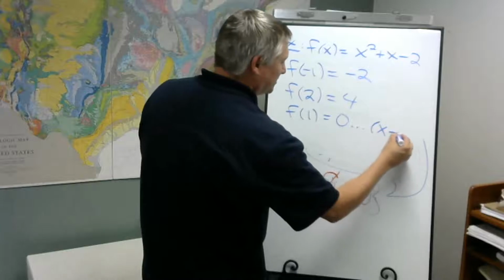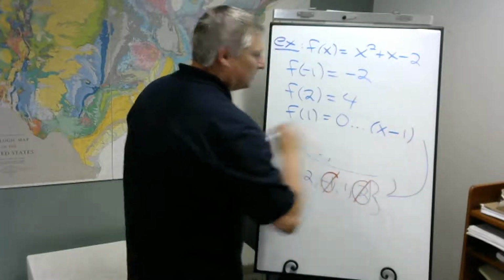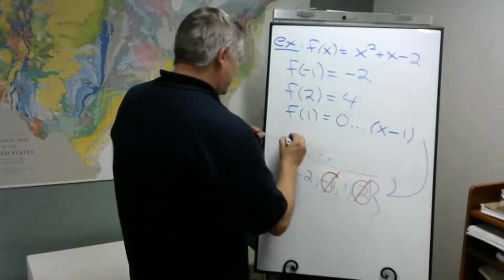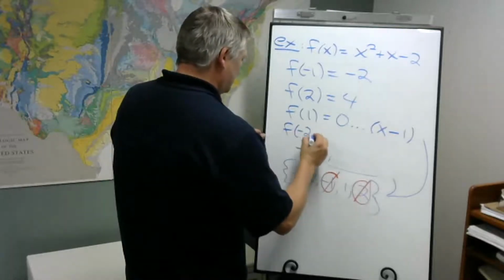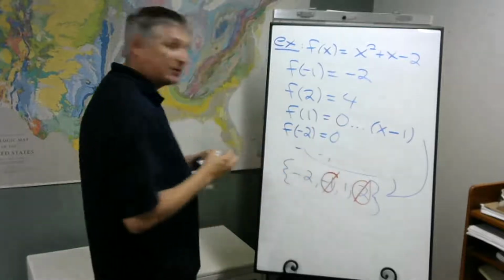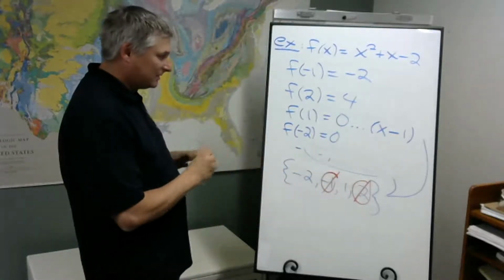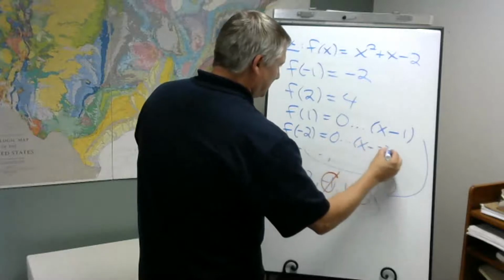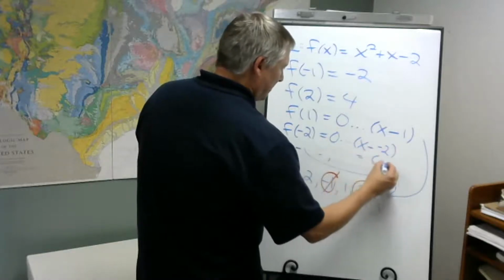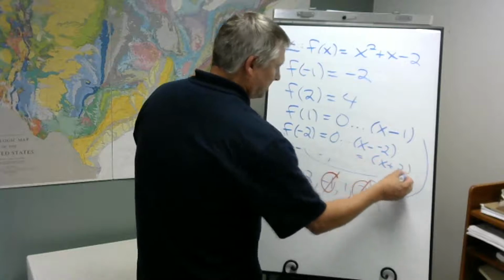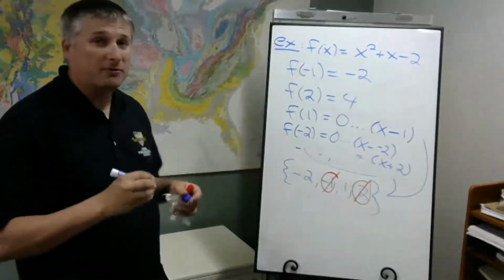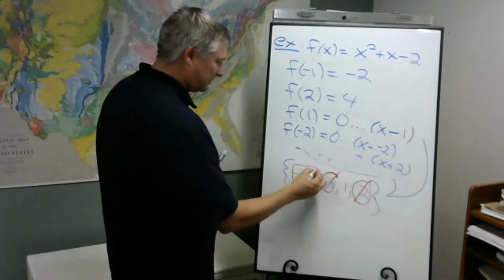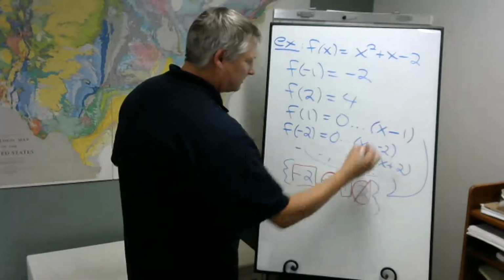We're always subtracting that 0, x minus 1. And then finally, f of negative 2. Well, that also equals 0. That works. So that means x minus negative 2 or x plus 2, those are going to be our two factors. So this one worked, and that one worked.